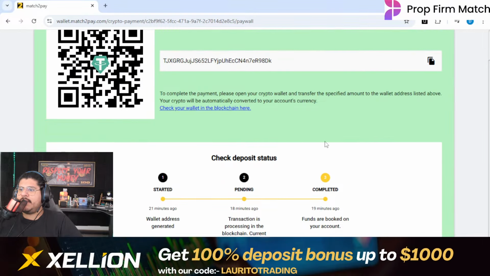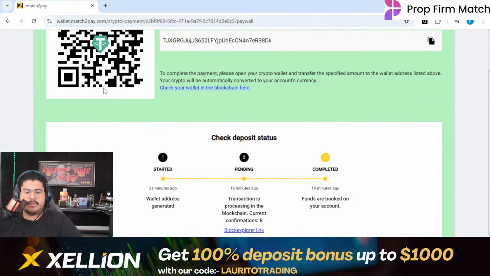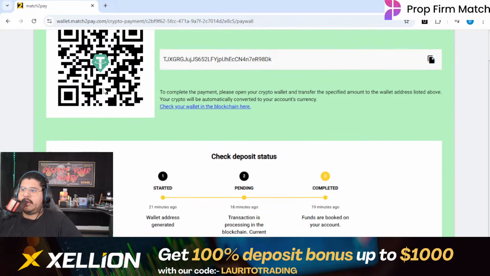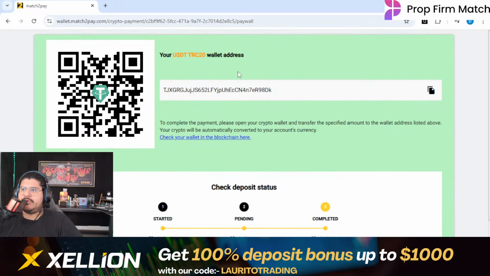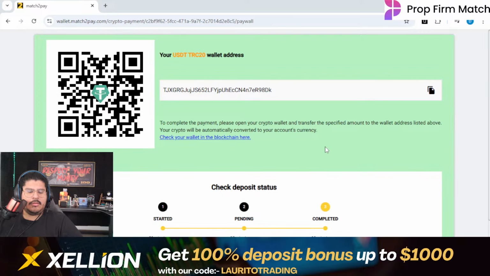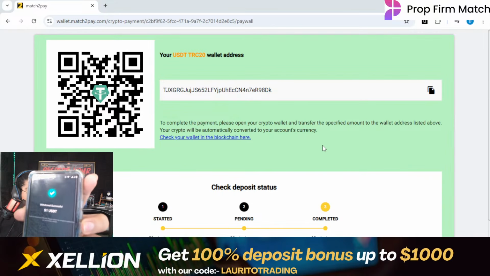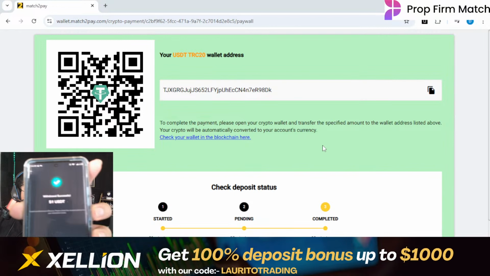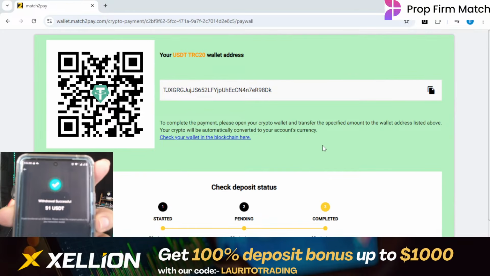That was my complete deposit. I sent 50 to the wallet. The deposit is basically instant. There you will see 50 USDT.